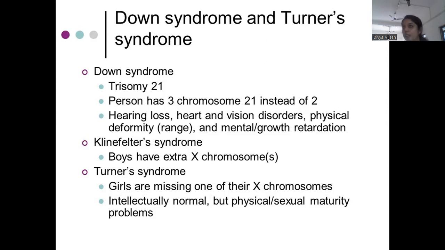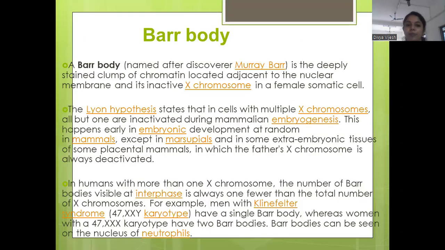There are so many symptoms for Down syndrome; later we will discuss that. Klinefelter syndrome has 1 extra X chromosome, and in Turner syndrome, they are missing 1 of the X chromosomes. So from karyotyping, we can find out whether it is Down syndrome, Klinefelter syndrome, or Turner syndrome.